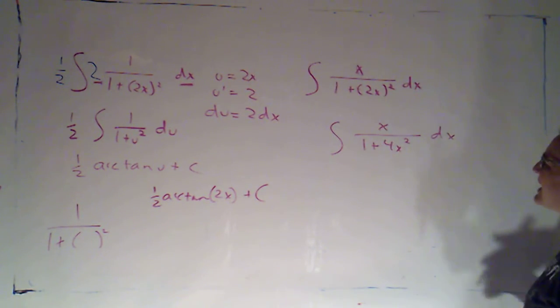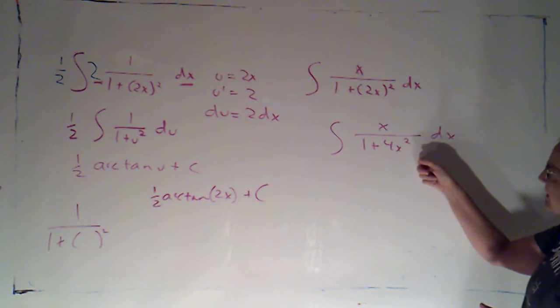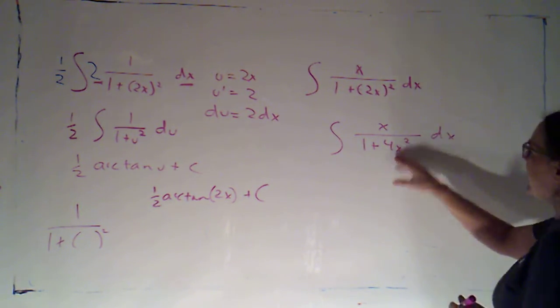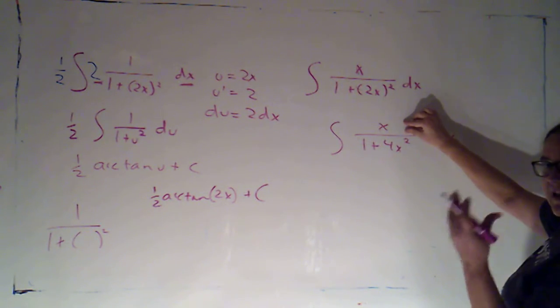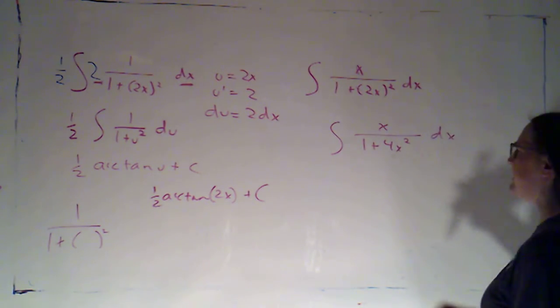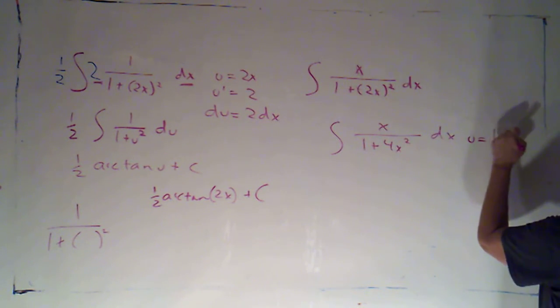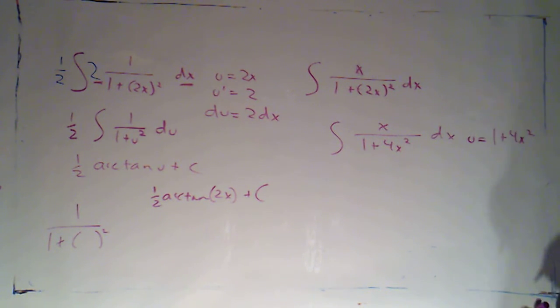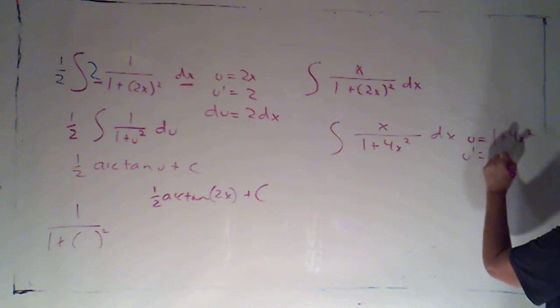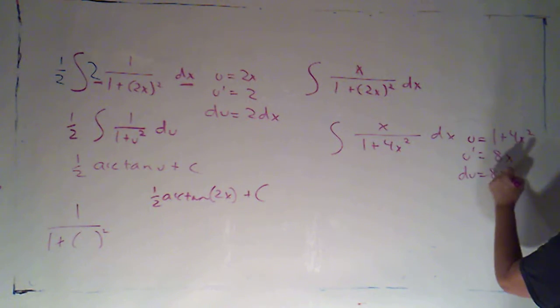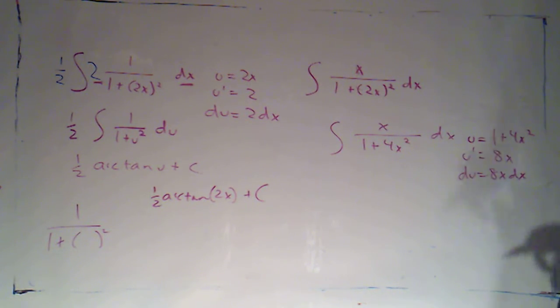Okay. Now here I've got this x squared as part of the bottom, and so I'm thinking maybe that x is going to be part of the derivative. I'm going to try making the entire bottom be my u. Then u prime would be 8x, and du would be 8x dx.